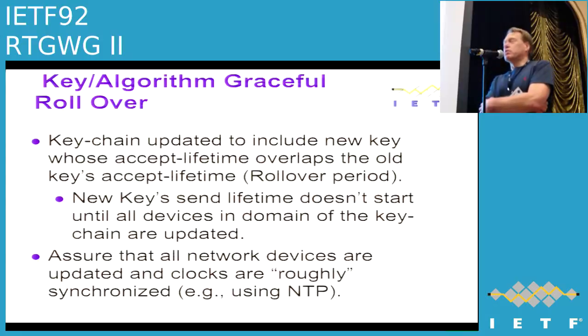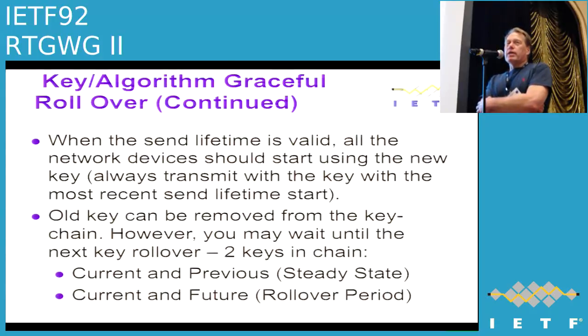And so what happens is, at some time in the future, you want to make these long enough, the send lifetime kicks in, and all the routers start using the new key. And voila, you've done a graceful key rollover.